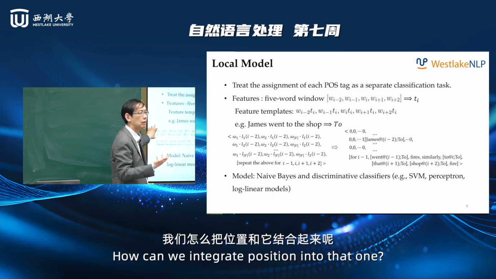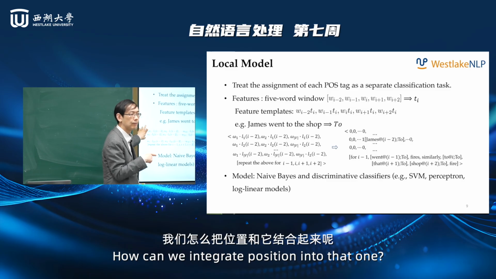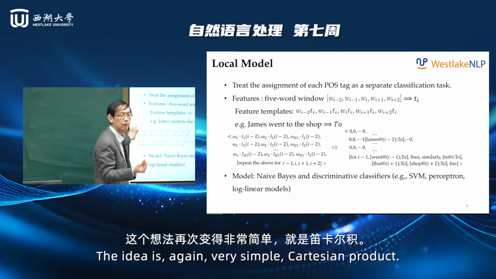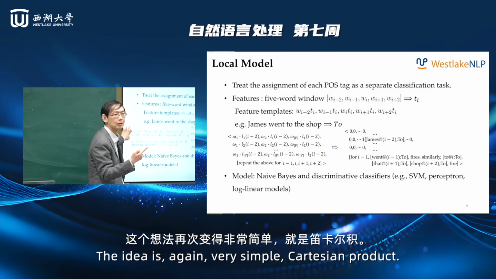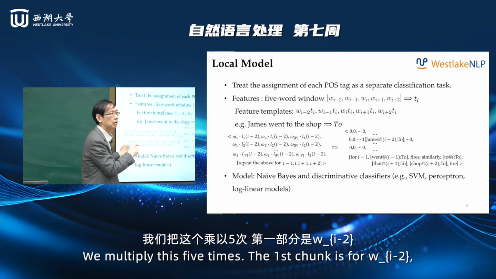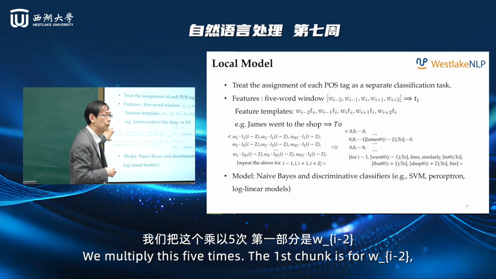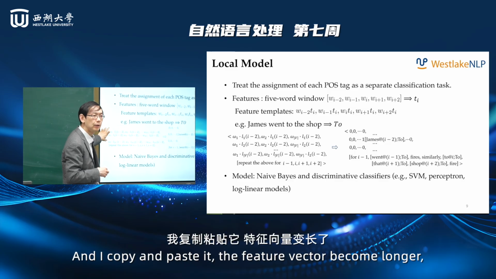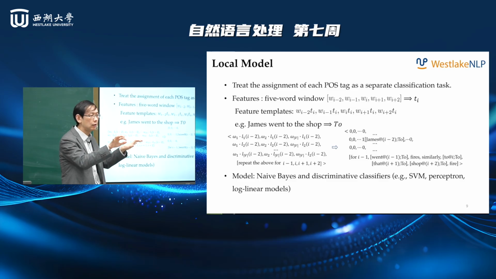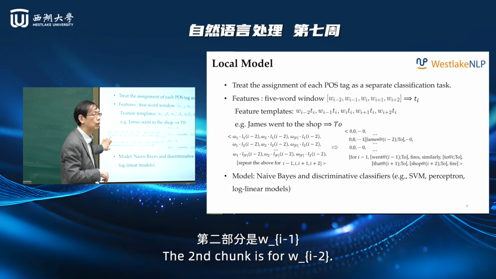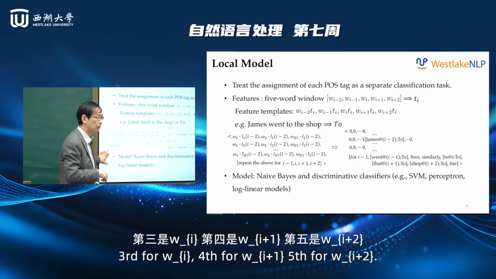How can we integrate position into that one? The idea is, again, very simple: Cartesian product. We multiply this 5 times. The first chunk is for W_{i-2}, and I copy and paste it. The feature vector becomes longer. The second chunk is for W_{i-1}. Third for W_i.